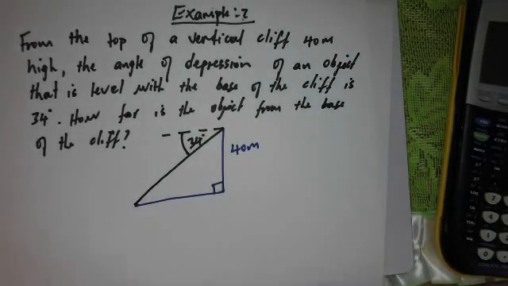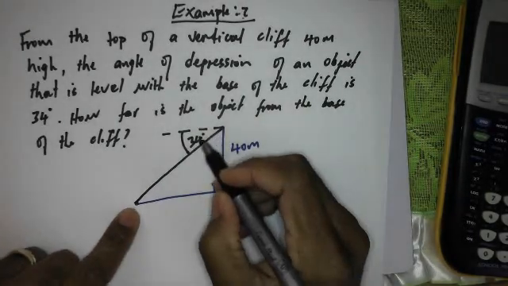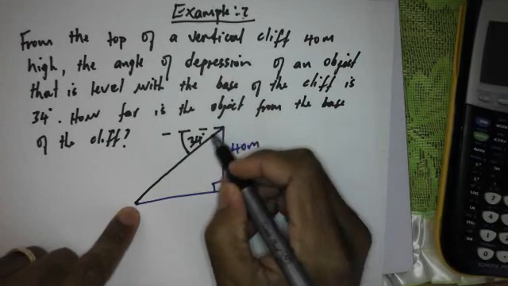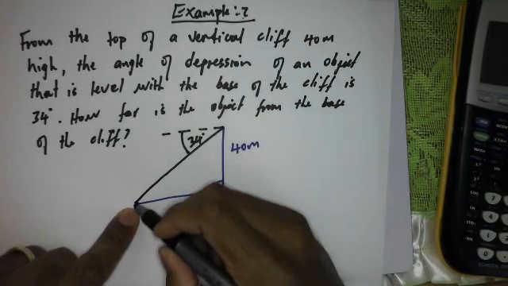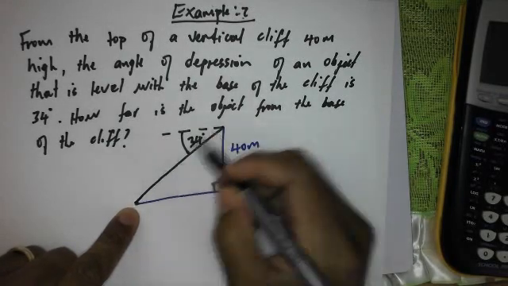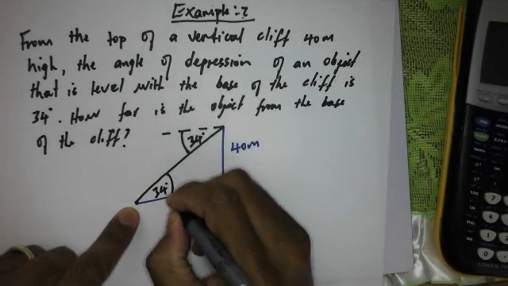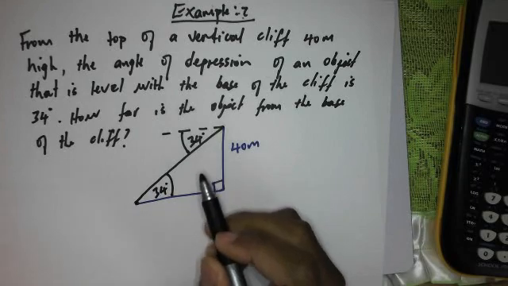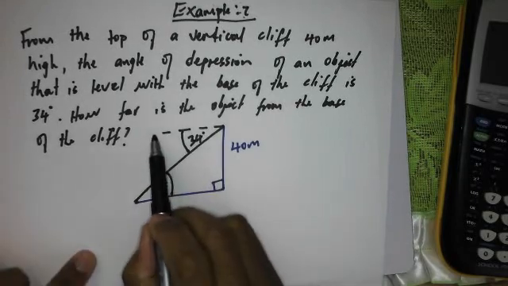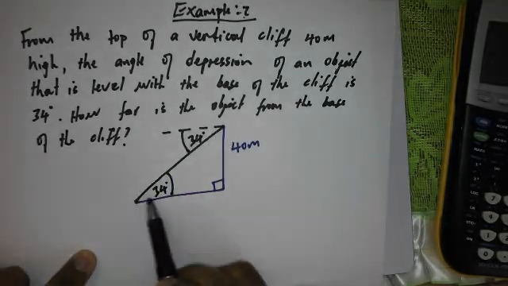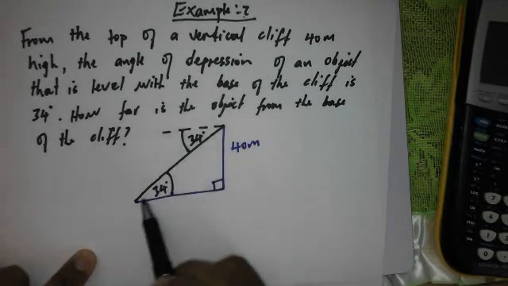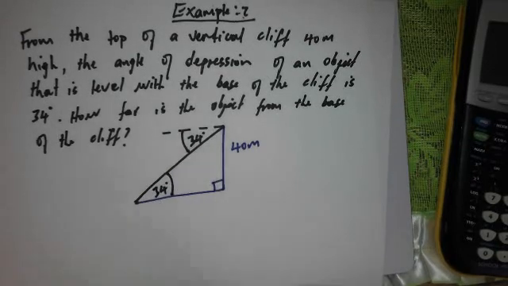But remember that if the observer at the top is looking at the observer at the bottom, and they both share the same line of sight, then they're looking at each other at the same angle. So this is what you call alternate angles. And alternate angles always form the letter Z. So do you see this Z? So this angle is the same as this angle. Alright?